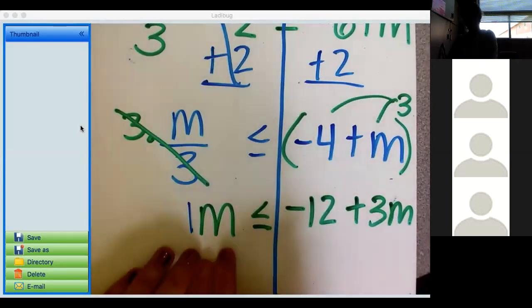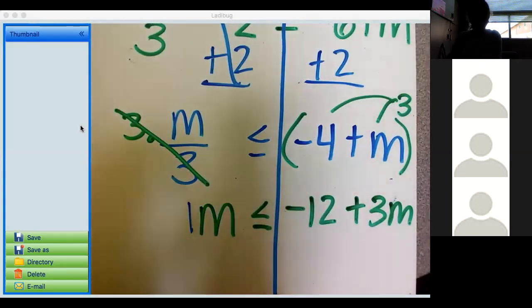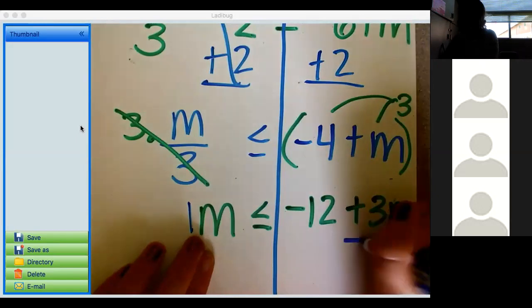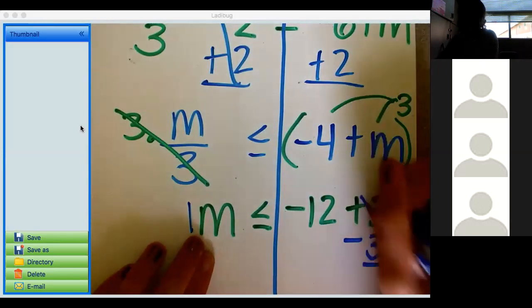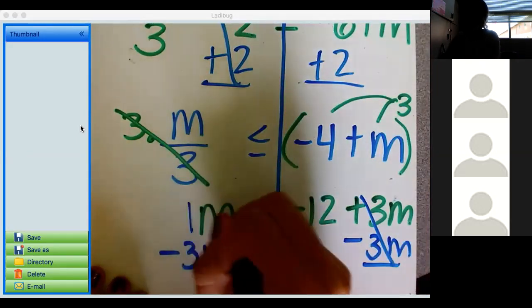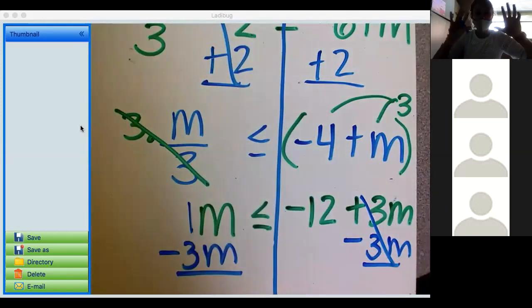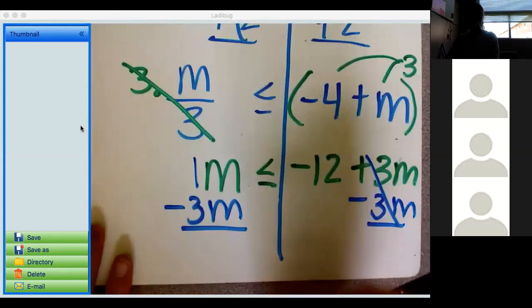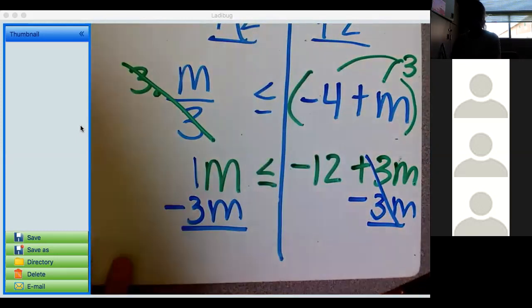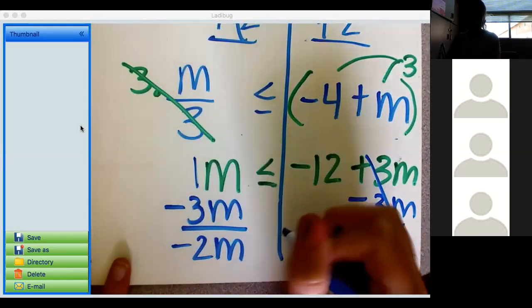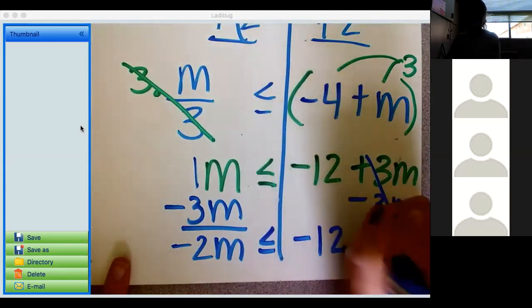Okay, so look. We can't move the 1M because you've got to have something on this side. So we need to subtract this 3M over here. You can't have an equation unless there's something on both sides, or an inequality. Got to be something on both sides. So what's 1M minus 3M? Negative 2M. Good. Less than or equal to negative 12.